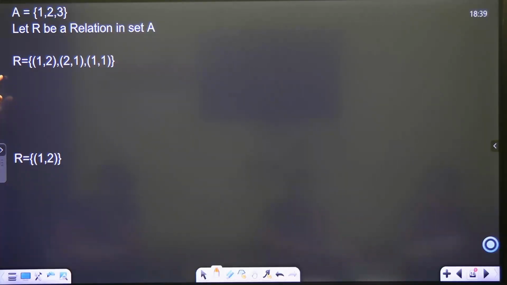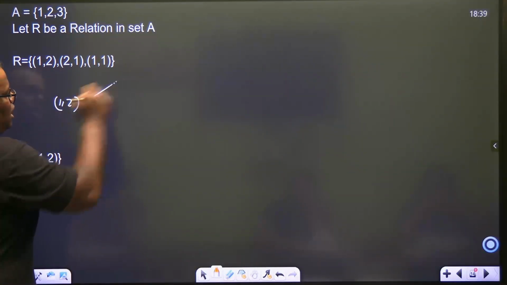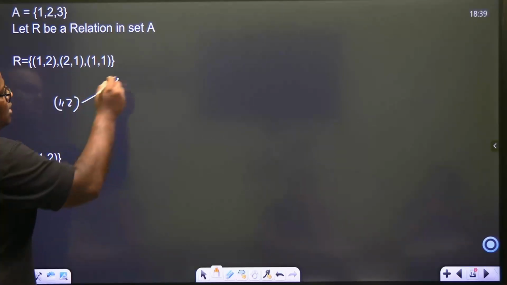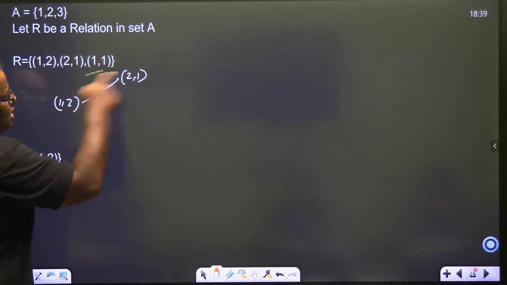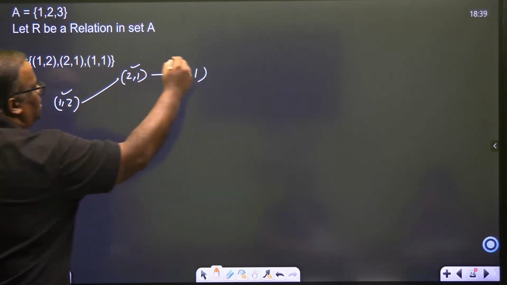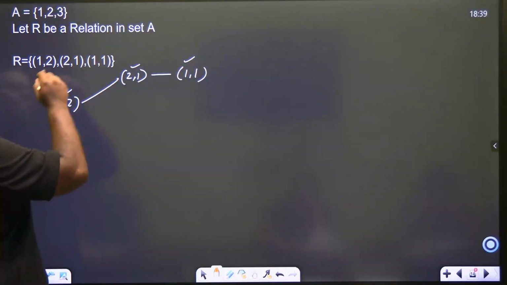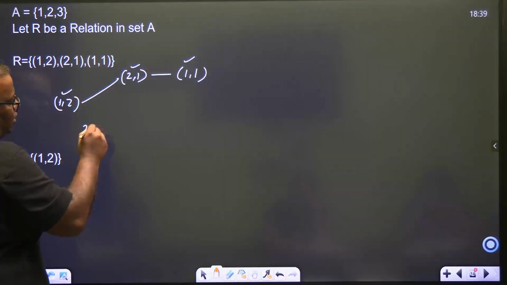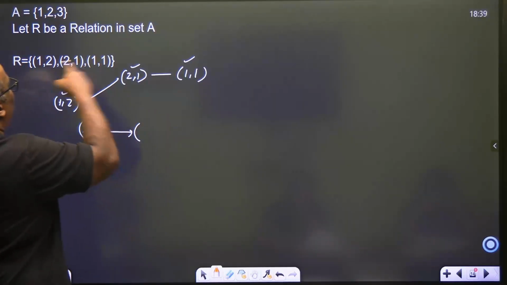This one you know how to check. When you get the same things, create 2 scenarios. You understood how to create the scenarios? I am starting with 1, 2, A, B. There should be B, C, means something starting with 2, which is 2, 1. If that be the case, AC should be there, 1, 1 should be there, and this is present, this is present, this is present, transitive. But let us try out another option. Okay, let's say if I try 2, 1, and then I should try to get 1 with something. 1 with what?